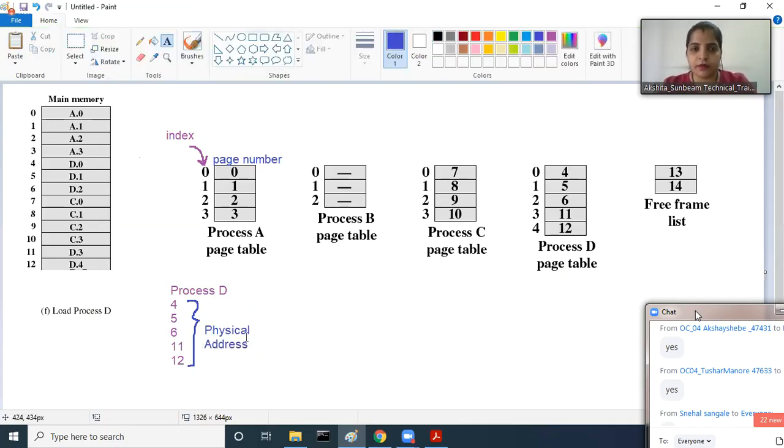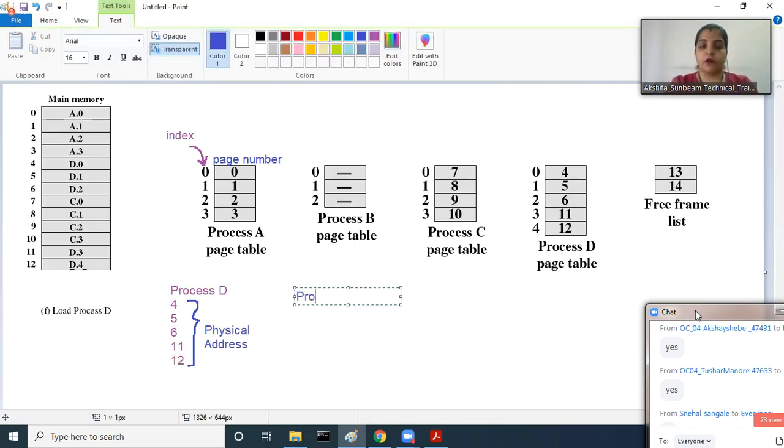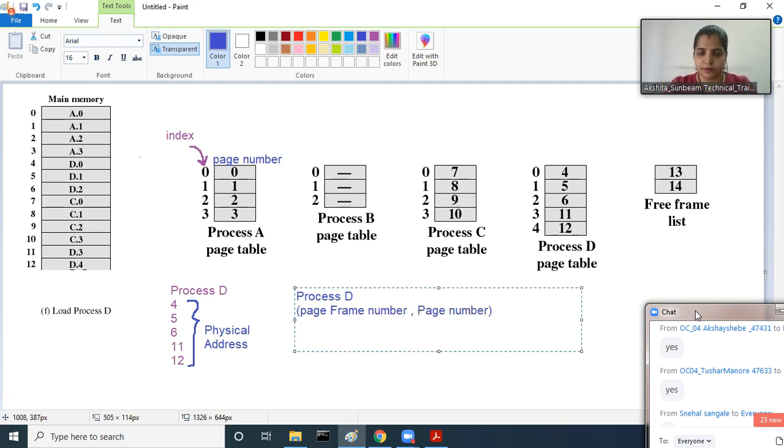Did you understand, everyone? Now, if I say, for understanding, process D, page frame number, comma, page number. Frame number or index number, however you say. Can I say 0, 4, 1, 5, 2, 6, 3, 11, and 4, 12?